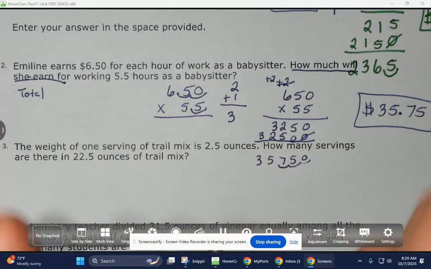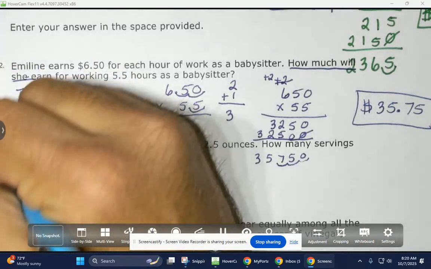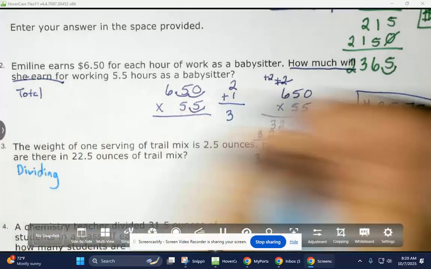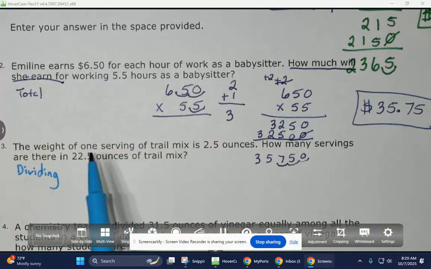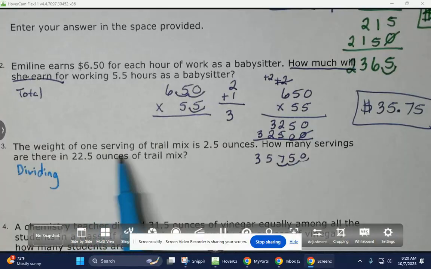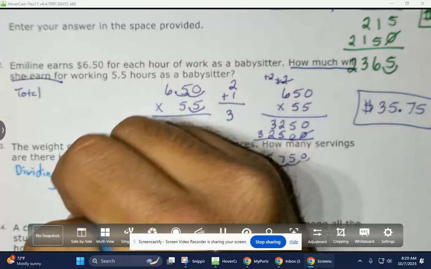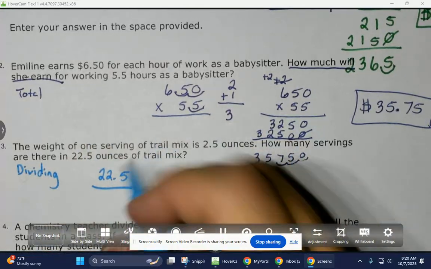So you got to split it up evenly. If you're taking something and splitting it, that means you are dividing. So this time, we're going to take our total. This is how big the bag was when you bought it. And I'm splitting it into these smaller sections.